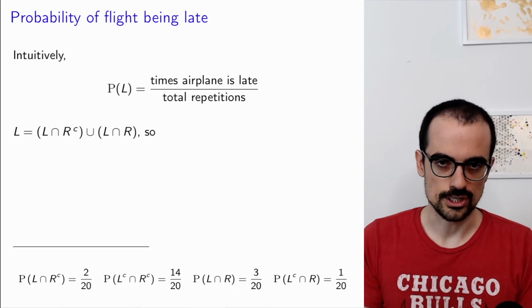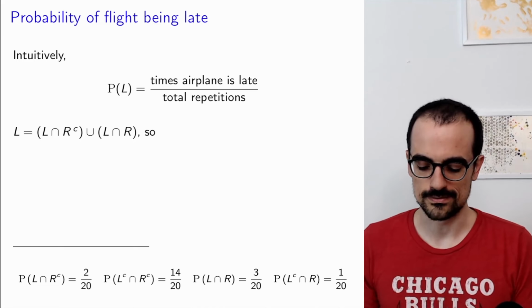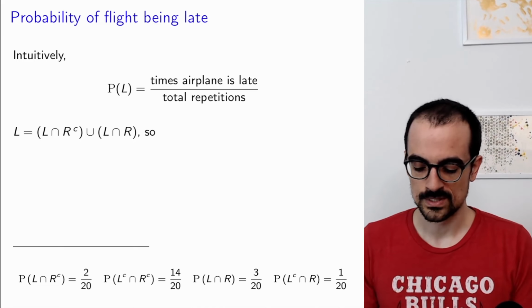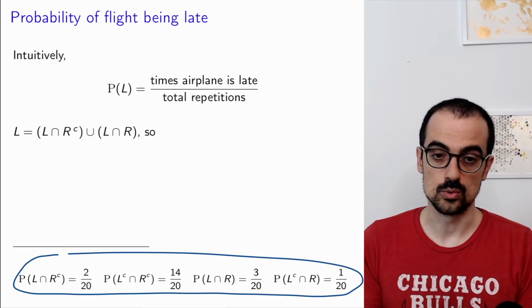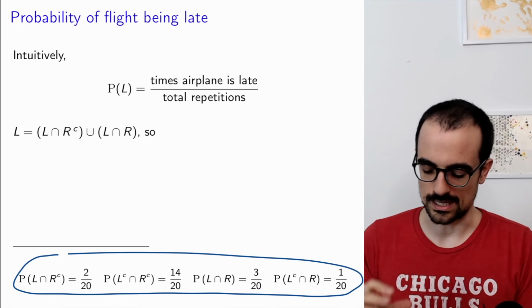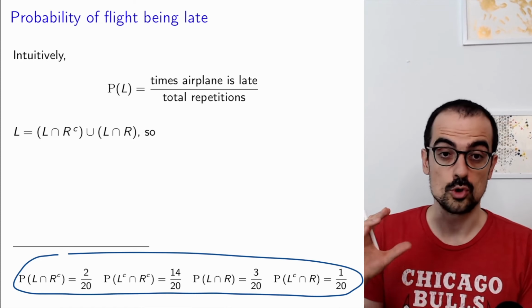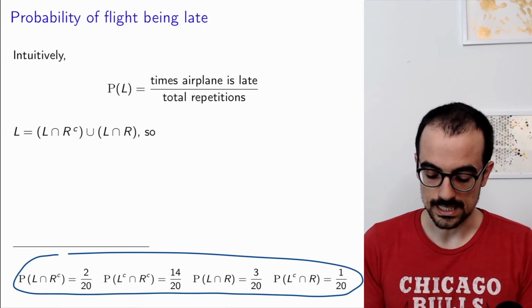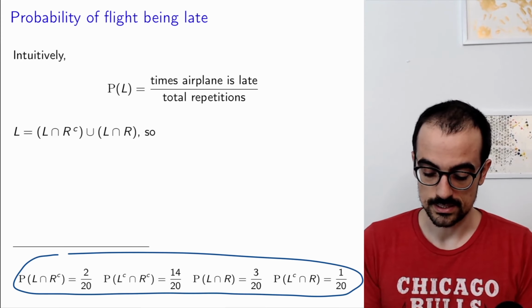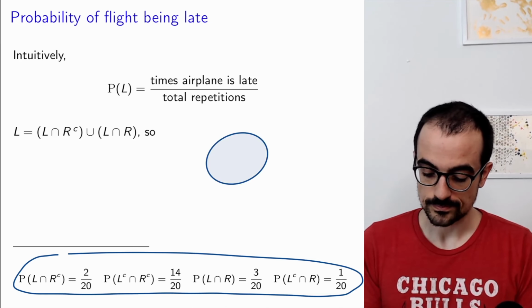Here we are not conditioning or anything, we're just remembering our intuitive understanding of what probability means. So now let's use our data, the probabilities that come from data or wherever they come from, to compute this probability of late for our example. We realize that we can express the event L, maybe let me draw a small Venn diagram.